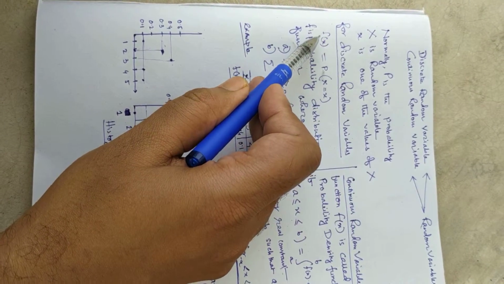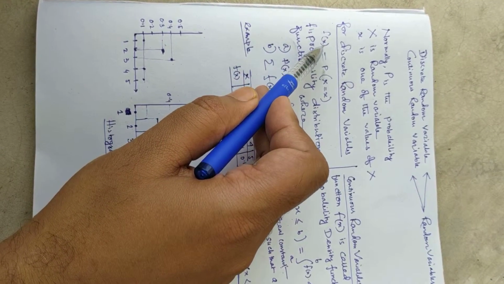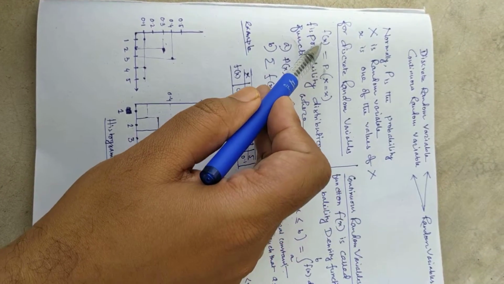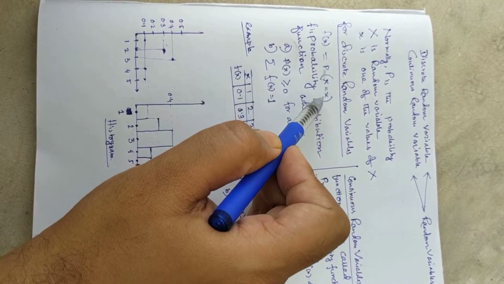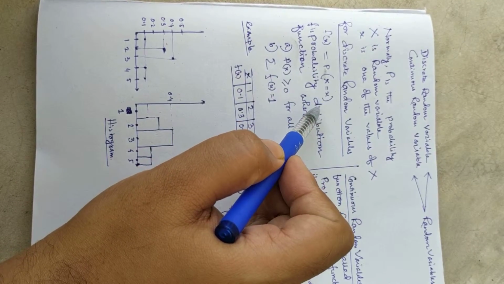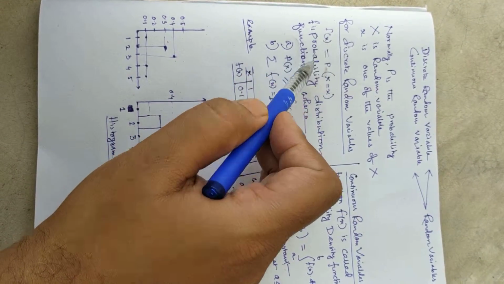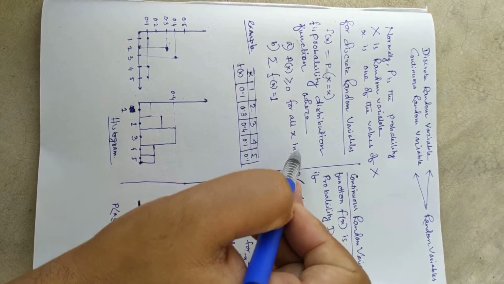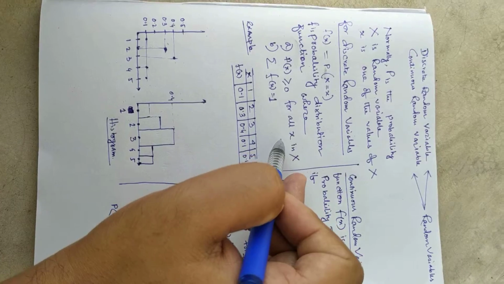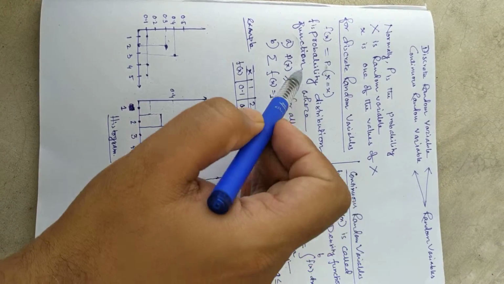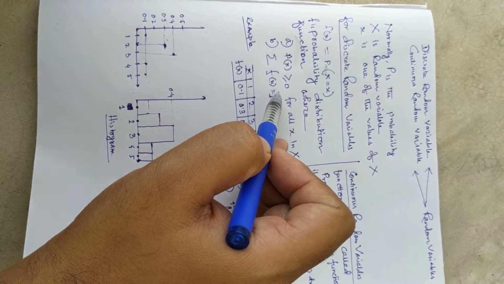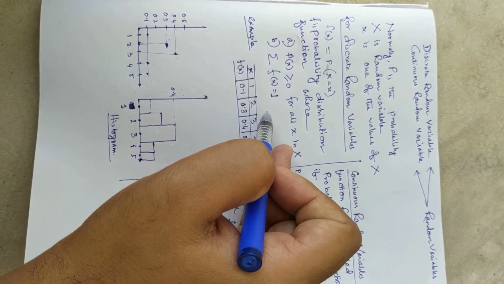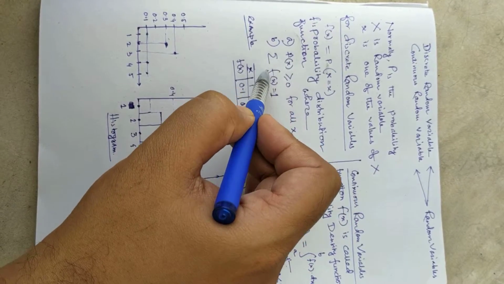Now, f is the probability distribution function which plays on the discrete random variable. f can be defined like this: for all values of small x which lie in capital X, f(x) should be greater than or equal to 0, and the summation of f(x) equals 1. This summation is a very important thing.